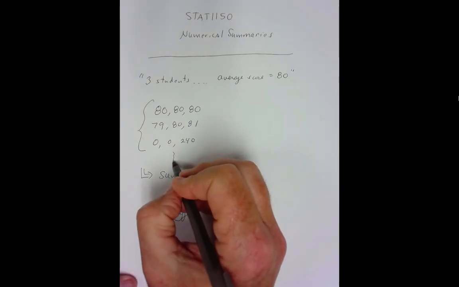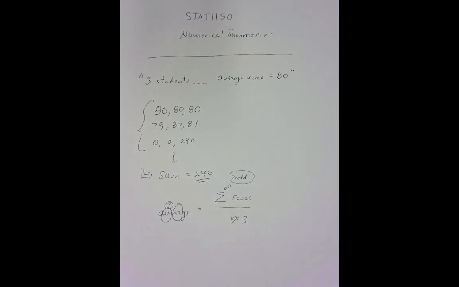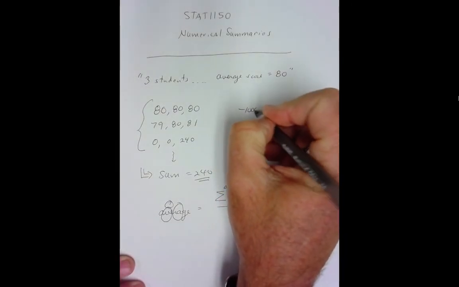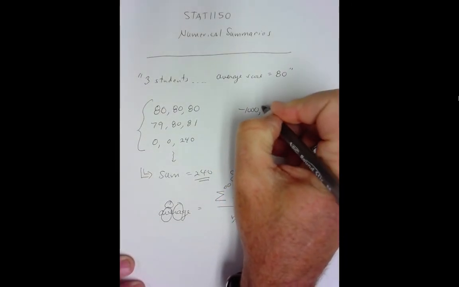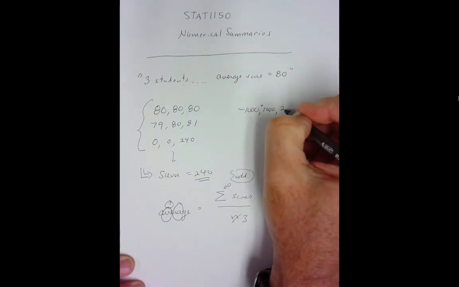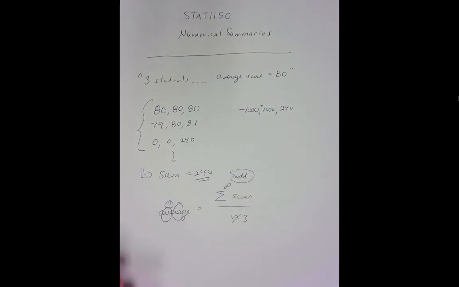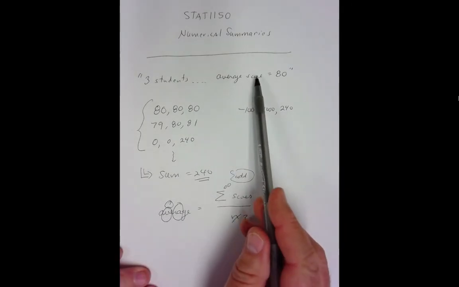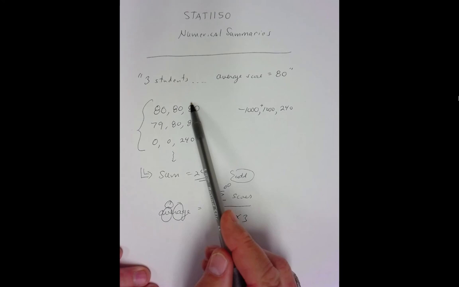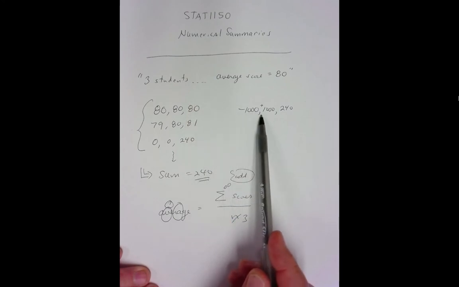Now, it turns out you could come up with a whole lot of different ones. In fact, you could come up with infinitely many examples of 3 scores that average up to 80. In fact, you could even get really goofy here to have negative 1,000, positive 1,000, and 240. Now, the point I want you to consider is just telling the average score doesn't tell the whole story, does it?